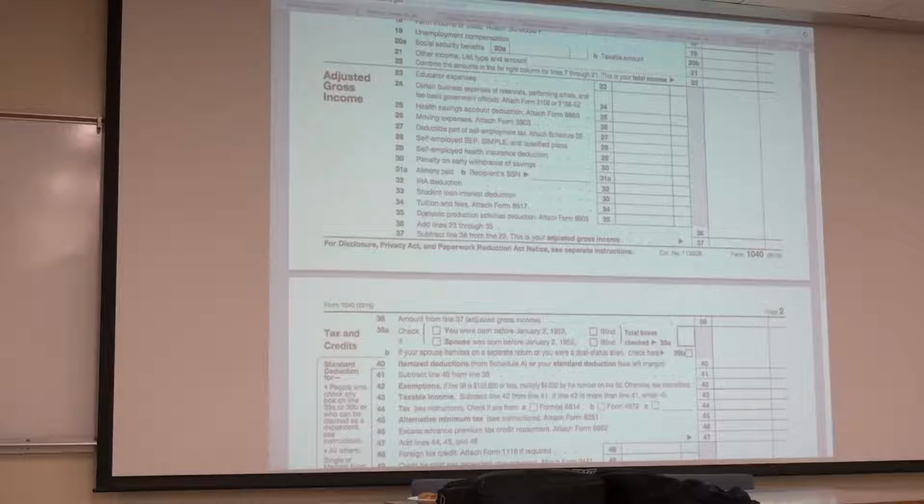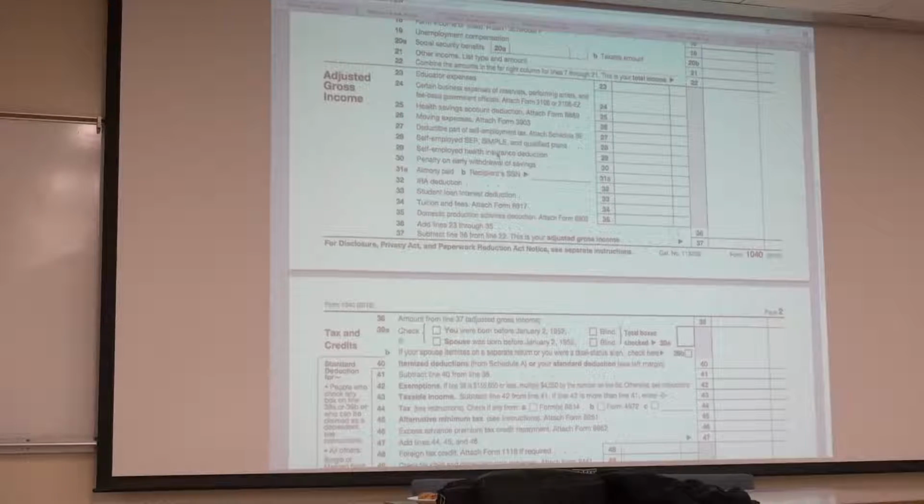And then the student loan interest deduction. Some of your students may be about to graduate, or you'll have some people who have already graduated and paid their student loans throughout the year. If you're paying the interest on your loans, it's actually a deduction, so you can get that as an adjustment to your income.